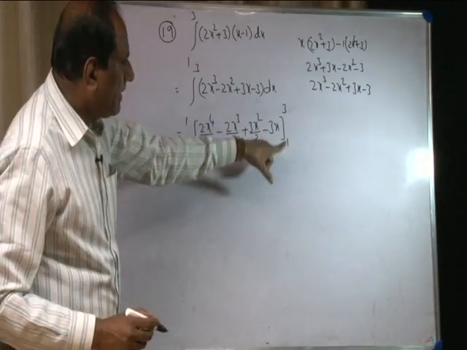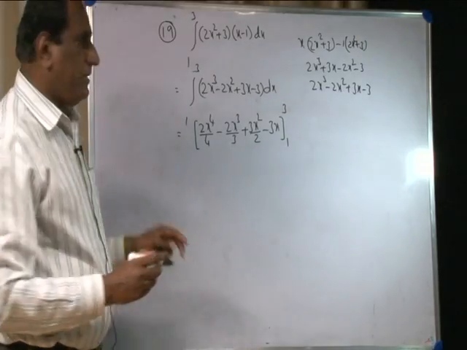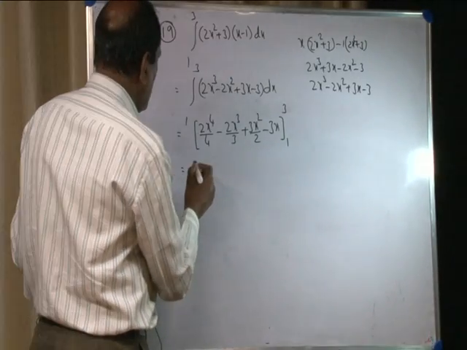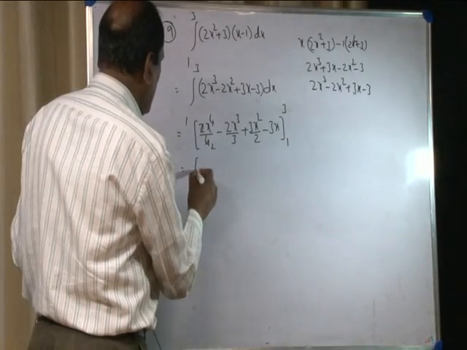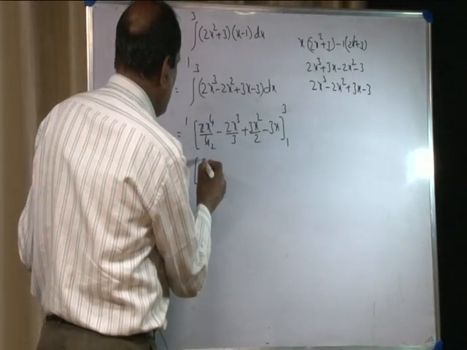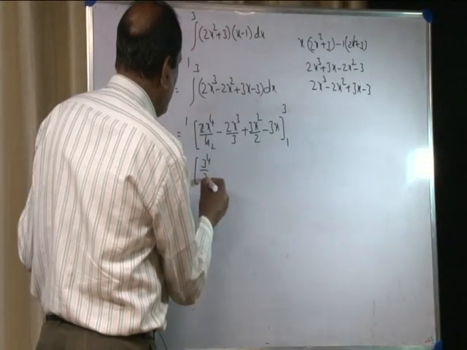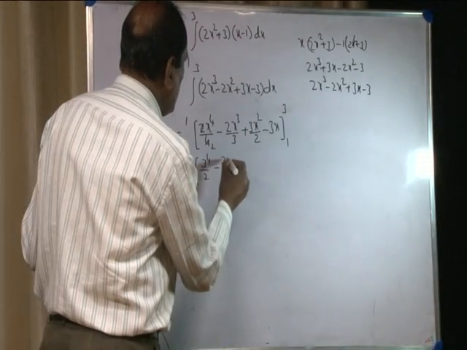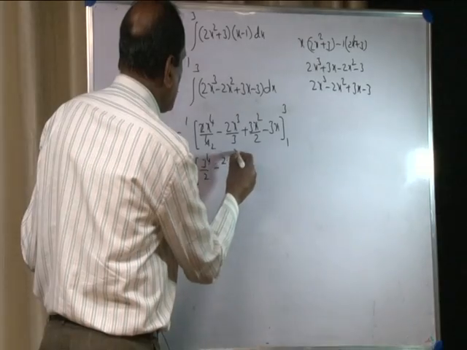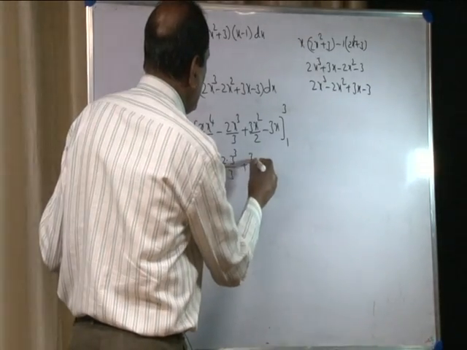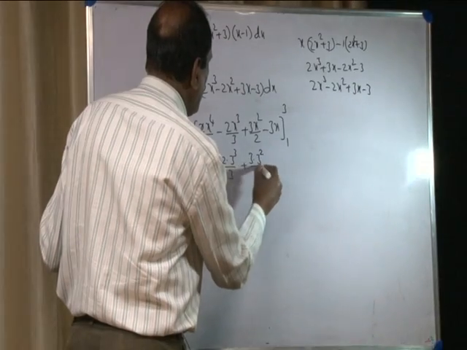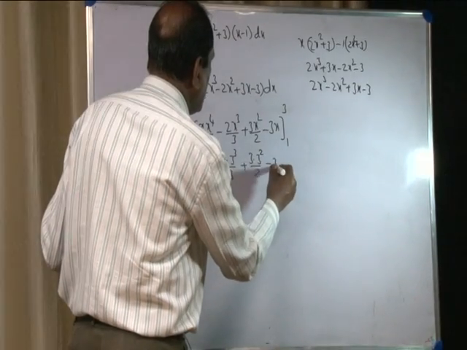Now apply upper limit minus lower limit. Which is equal to, 2 divided by 4, 2 times. So we get 3 power 4 by 2 minus 2 into 3 cube by 3, plus 3 into 3 square by 2, minus 3 into 3.